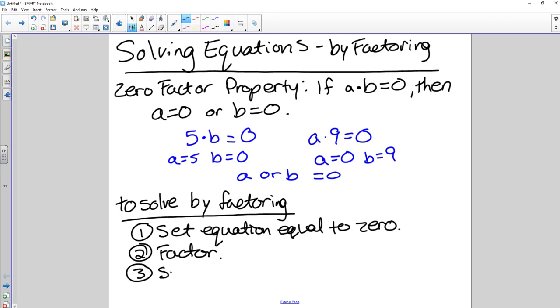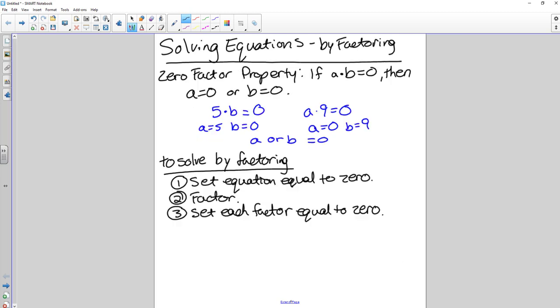Then we set each factor, each of the things multiplied, equal to 0. And then we can solve each equation to get our answers. And then it's a good idea to check, like with solving any equation.